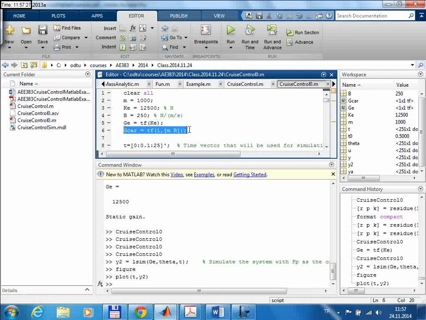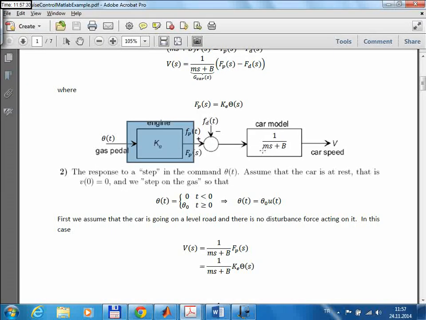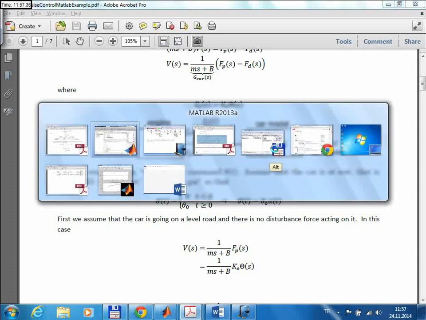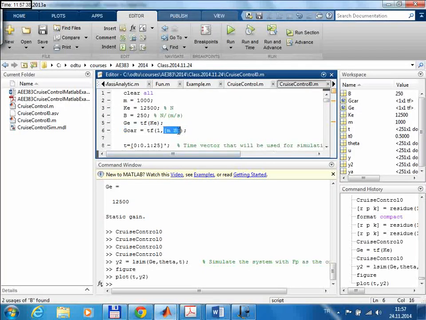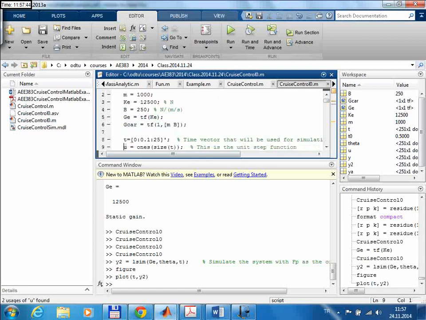The car transfer function is 1 over ms plus b. On the denominator I have a first order polynomial with 2 coefficients, m and b. So this is how I write it, m and b. This defines the transfer function for the car. And I want to simulate it for 25 seconds. I want to see the response between 0 and 25 seconds.